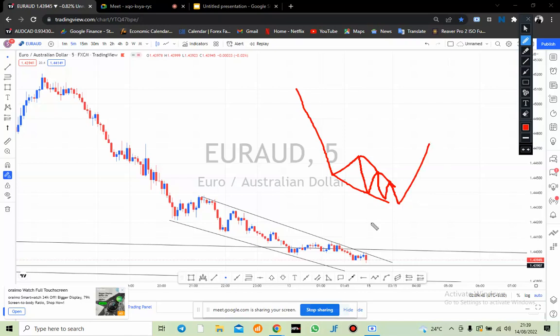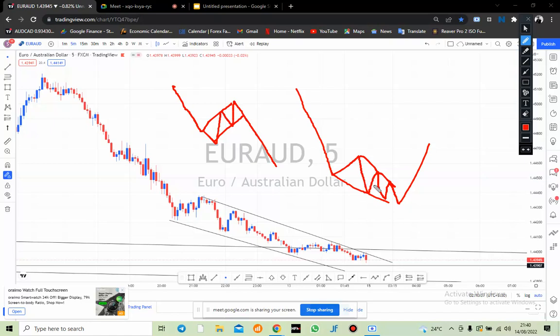A falling wedge pattern is different from a bearish flag, something like this. This is what I call the bearish flag pattern, a continuation pattern.